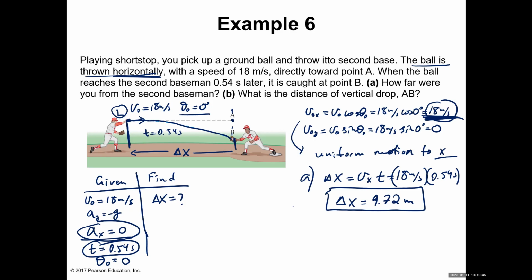Any questions on this? Yeah, what was that formula that you just used? Remember, this is this equation, right? Delta x is equal to initial velocity times time plus 1/2 acceleration in the x direction times time squared. You guys remember this equation? It's your kinematic equation, and you're just shortening it. We're just saying there's no acceleration there, right?